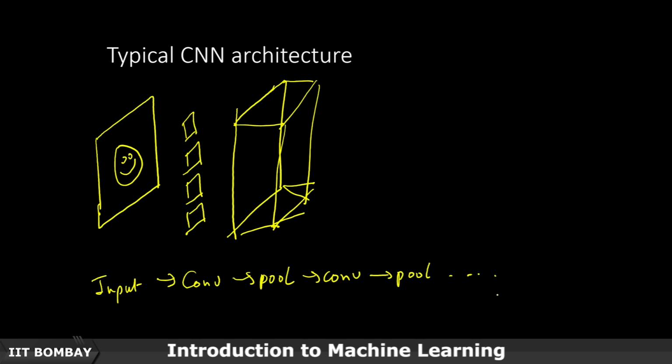For example, if I do pool, the feature map is going to be of a smaller size, with the same number of channels but a smaller height and width. Then again conv and pool, and it will become smaller and smaller.